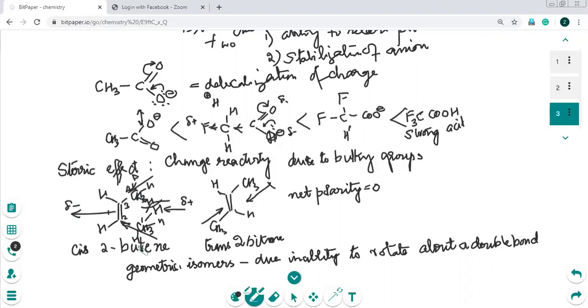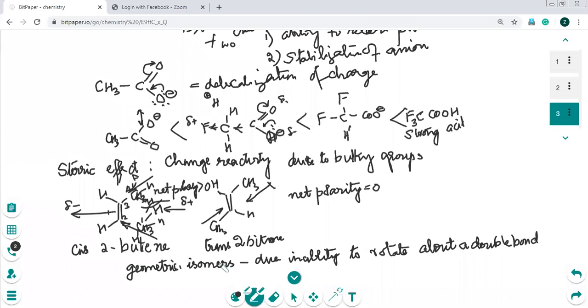So that is how you can think of it. That means there is a net polarity, net polarity greater than 0. That is the effect of steric effect.